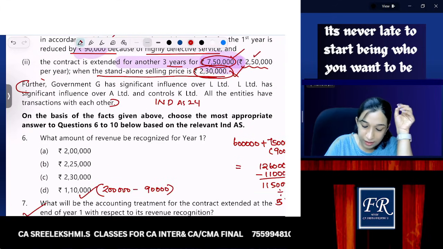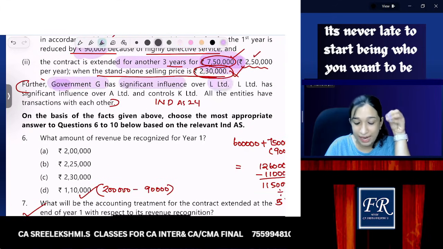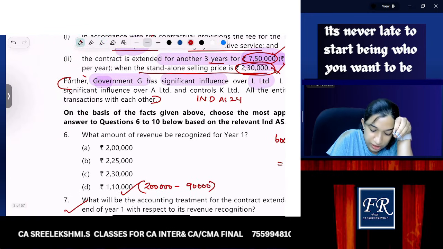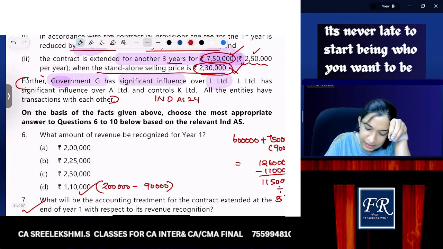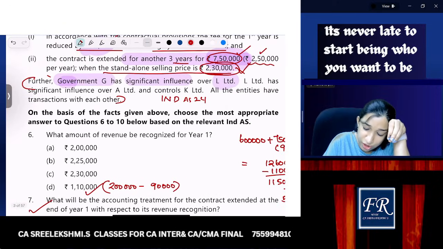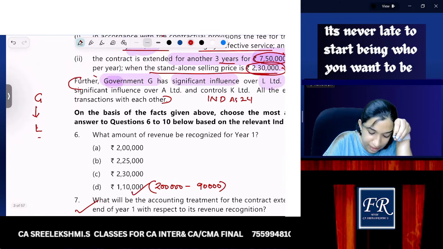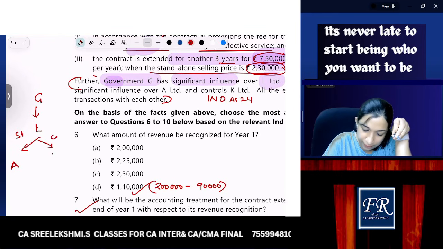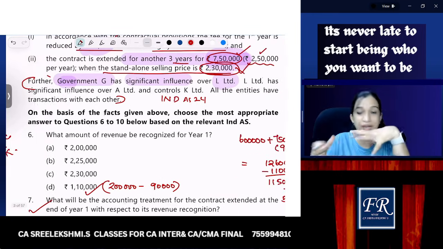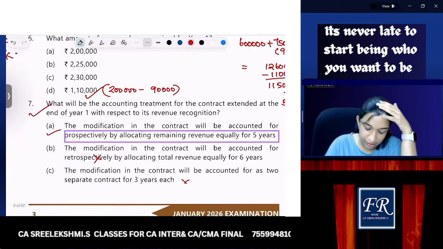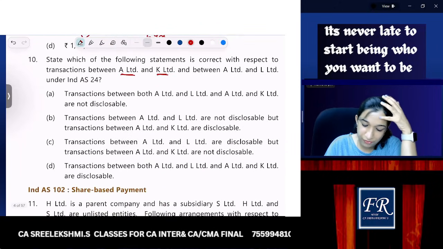Government G has significant influence over L. L has significant influence over A and control over K. So L is having a significant influence over A and L is controlling K. All the entities have transactions with each other. Okay, fine.